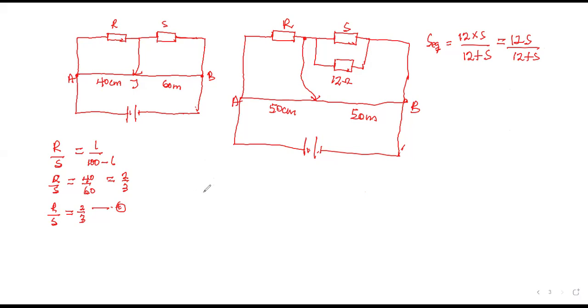Meaning that if we take a ratio, R divided by S equivalent must be equal to 50 over 50, since L is 50 and 100 minus L is also 50.